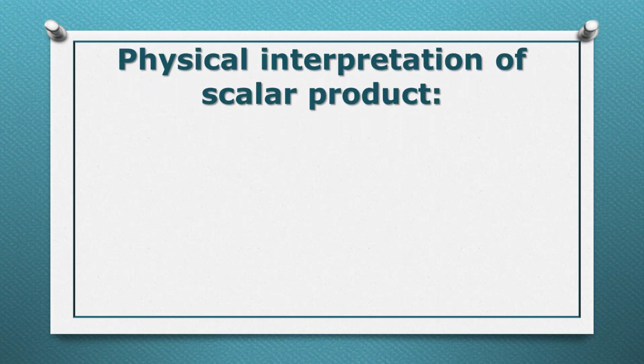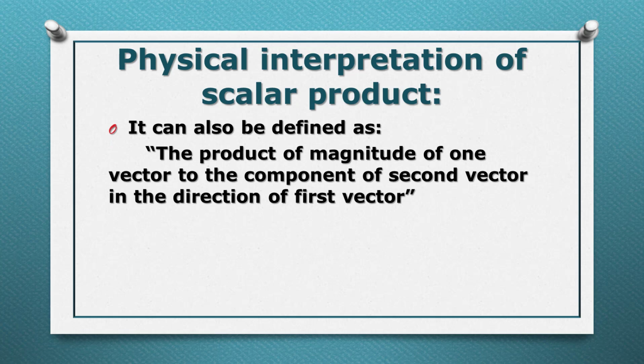We have discussed that we can define dot product as the product of the magnitude of one vector and the component of the second vector in the direction of the first vector. That is, vector A dot vector B is equal to A multiplied by the component of B along A, or the projection of B on A, whatever name you give it.